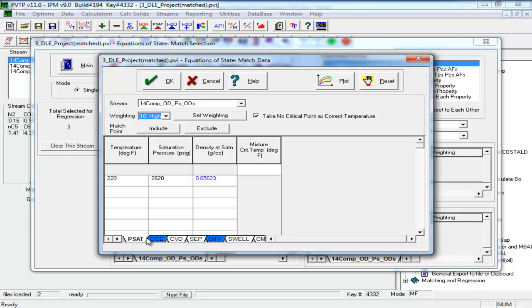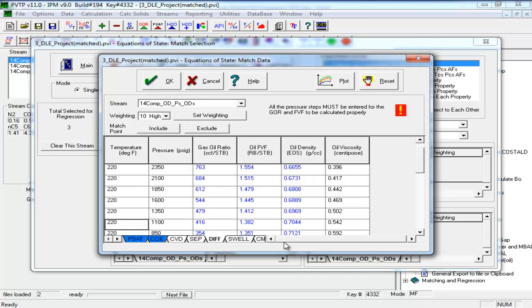There's also another point. When you have only one property, for example, we have said that the oil viscosity is matched alone, then giving the same weight to all the points which are here is meaningless.